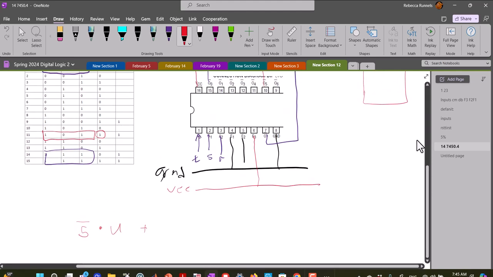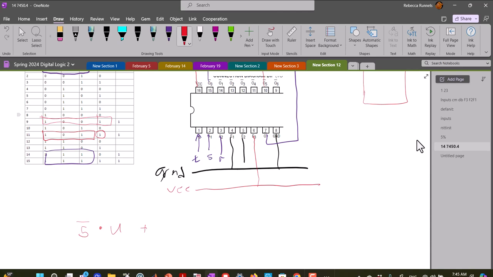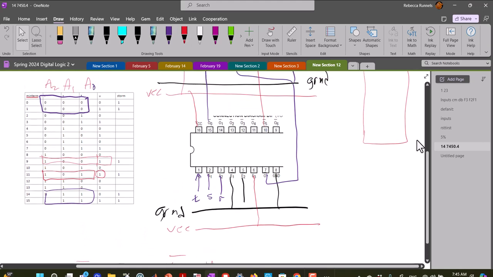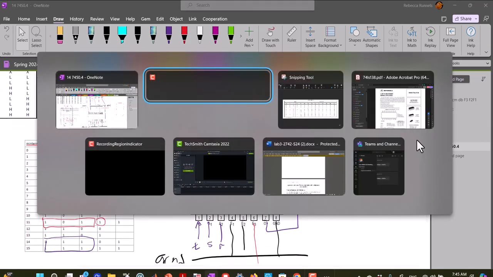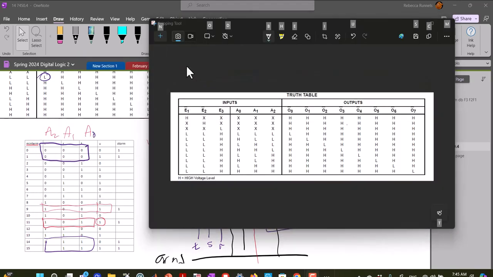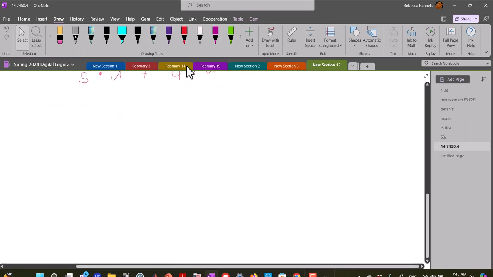And then our other one, that's 4. So here's what I'm trying to do.